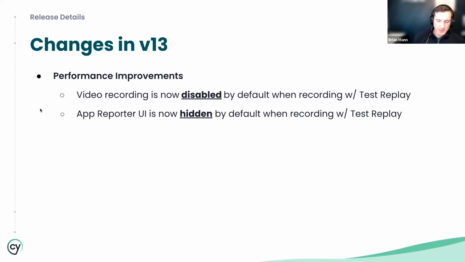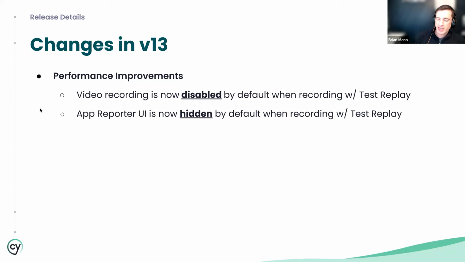Now, in order to support some of these changes, probably the other most frequent question that I saw asked from the attendees here was all about Cypress's performance. There are two fairly significant changes coming in version 13 in order to support Test Replay.